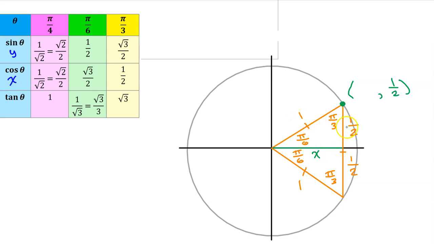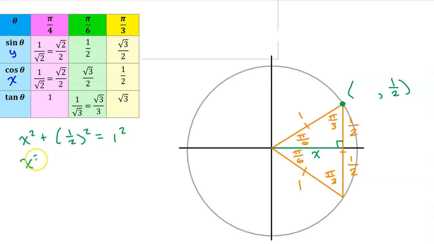We can use the Pythagorean theorem to find this x value. So we know that this is a right triangle, so we know that leg squared plus leg squared is equal to hypotenuse squared. So x squared plus 1/2 squared will equal the hypotenuse squared, which is 1 squared.